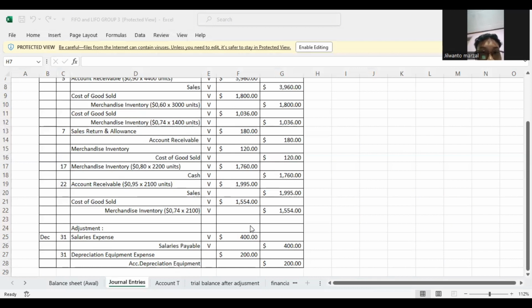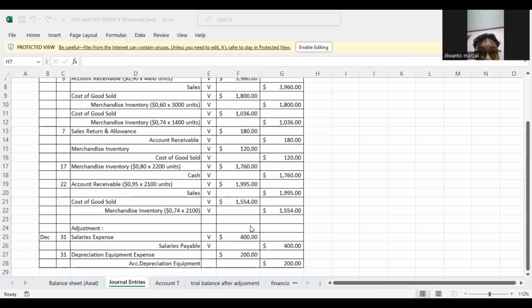So the journal will be merchandise inventory in debit, $0.80 multiplied by 2,200 units. It equals $1,760. And then cash in credit, we also write $1,760.